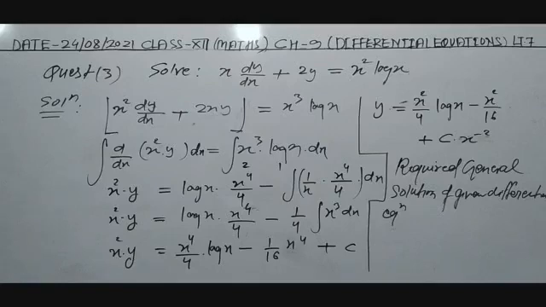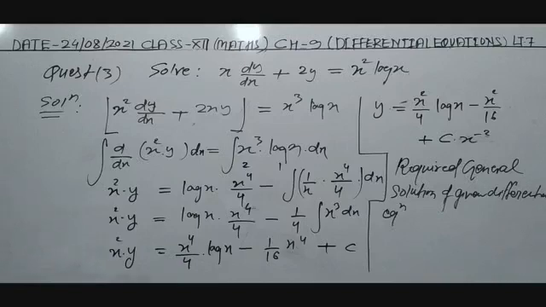Now we have to simplify the integrating factor, which is e to the power integration of p dx. After calculating the integrating factor, you will get x square.